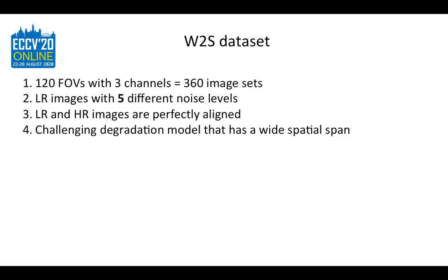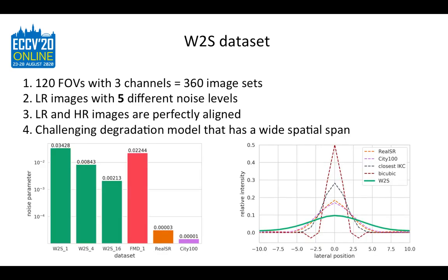To quantitatively evaluate the difficulty of recovering the high-resolution image from the noisy low-resolution observation in W2S, we also analyzed the degradation model relating the low-resolution observations to their corresponding high-resolution images. The statistics of noise estimation and kernel estimation of W2S and other real-world datasets are shown in the figures.